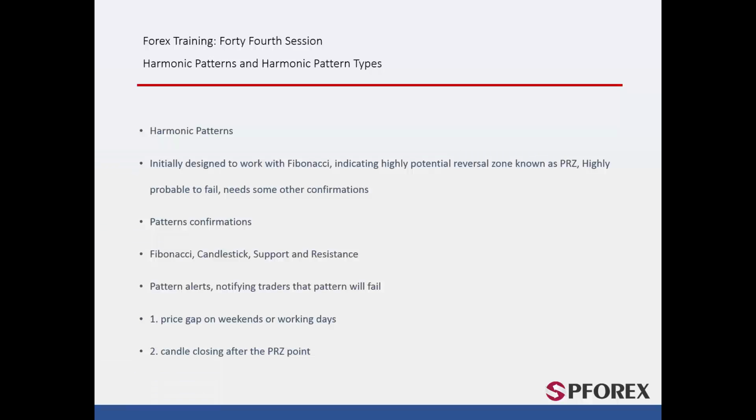Confirmations can be derived from candlestick patterns, indicators, overbought and oversold regions, Fibonacci levels, or strong support and resistance lines. Harmonic patterns may frequently produce invalid signals under some conditions, such as an invalid signal owing to a price gap arisen during market close time from Fridays to Mondays.